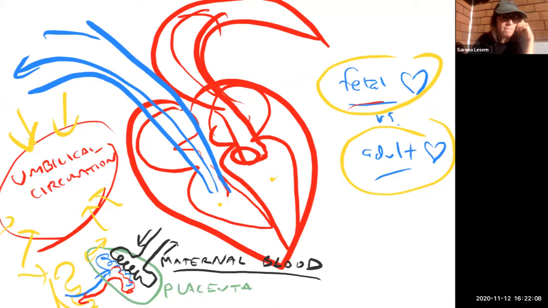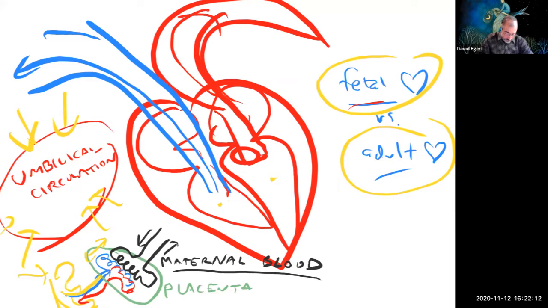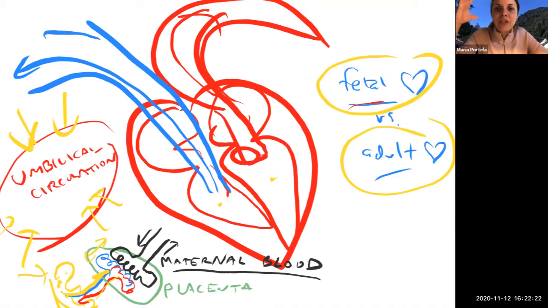I mean, if the heart wasn't pumping, we would never have blood going out to the placenta and coming back and distributing oxygen and nutrients to the whole systemic circulation. It's the distribution of oxygenated and deoxygenated blood that is not the same as in an adult.